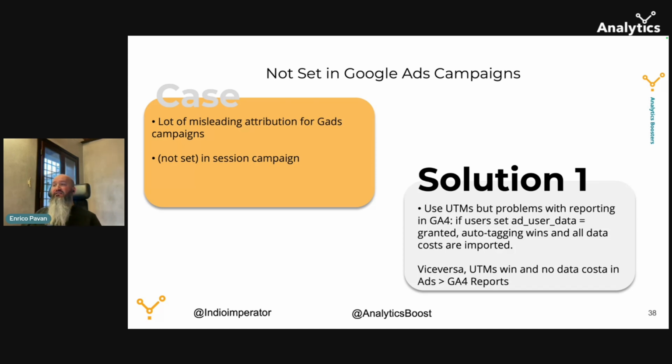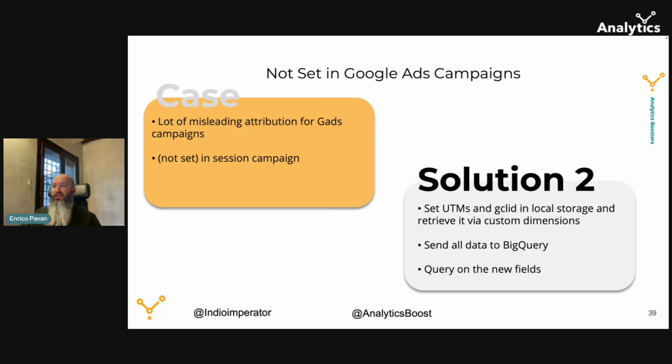Vice versa, if the UTM wins, so the ad user data is not granted but denied, no data cost is imported from Google Ads inside GA4 data. So pay attention when you're using this type of solution, and keep in mind that you need to get ad user data granted if you want to import Google Ads data inside GA4.